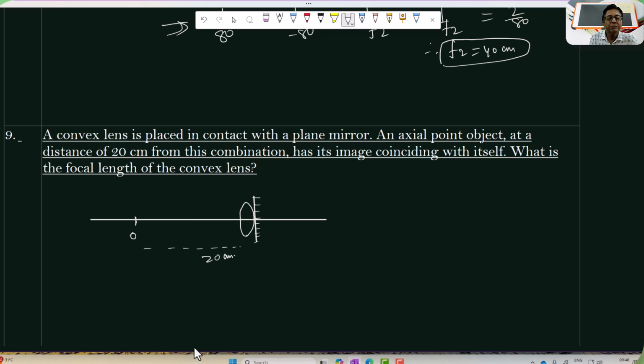The thing is that the path of the light ray from the lens will be in such a manner that when it is incident on the plane mirror, it must be perpendicular, because then only it can retrace.